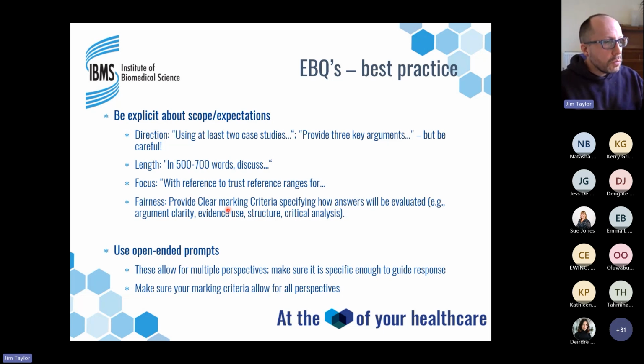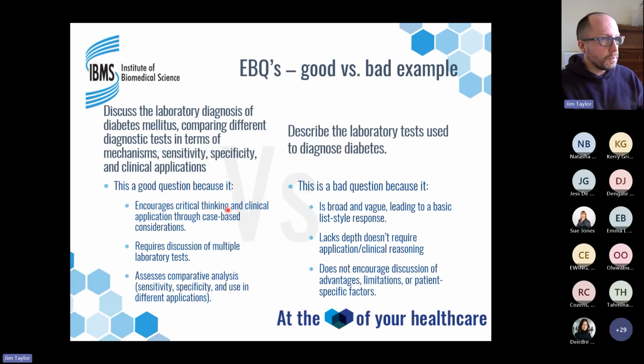Make sure that you use open-ended prompts, because it might be that you're looking for something specific in the answer, but the student comes in and blindsides you with something that is just as relevant, that's just as correct, but isn't what you were inferring when you wrote the question. So you need to make sure that you allow for those diverse perspectives to come in.